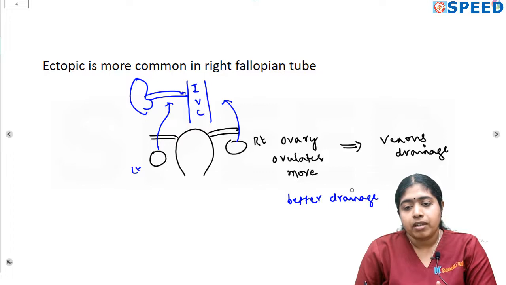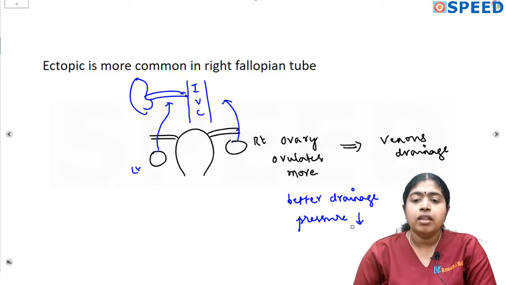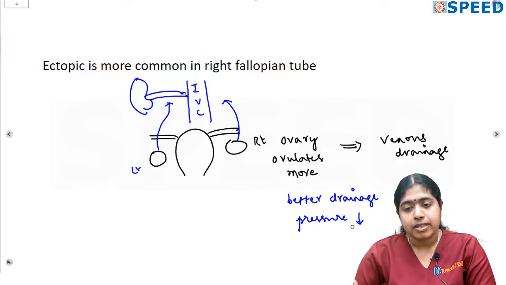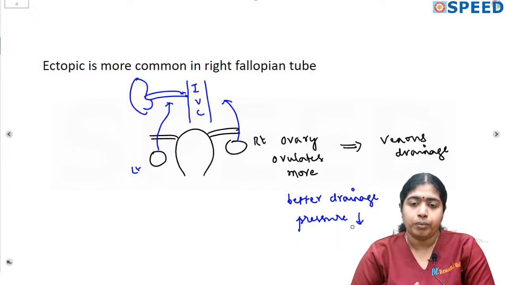So now there is better drainage in the right ovary. So that means intra-ovarian pressure is less in the right ovary, and that means the right ovary ovulates more compared to the left ovary. And for the same reason, we also find that ectopic is more common in the right fallopian tube when compared to the left fallopian tube.